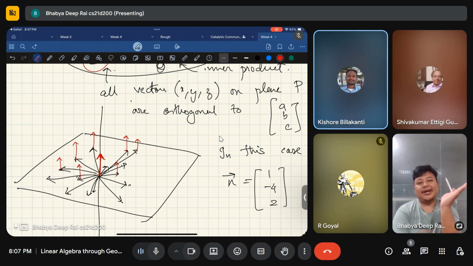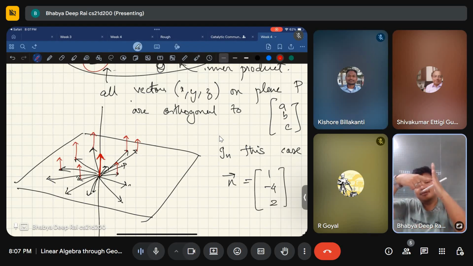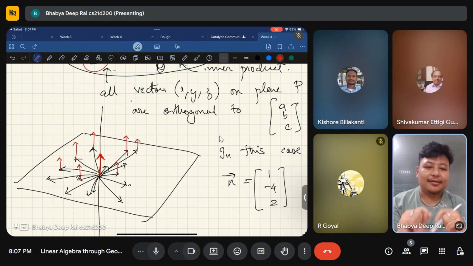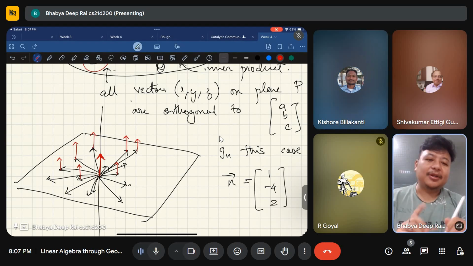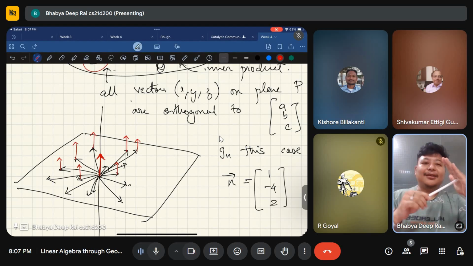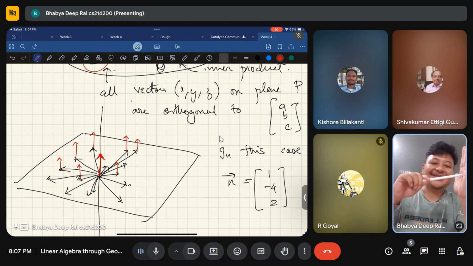But as you rotate, you can imagine the normal also rotating. If you rotate the plane, you can imagine the normal also rotating. So even then, the normal lies on the third axis, right? But then you can't really say that the plane exactly lies on the xy axis.